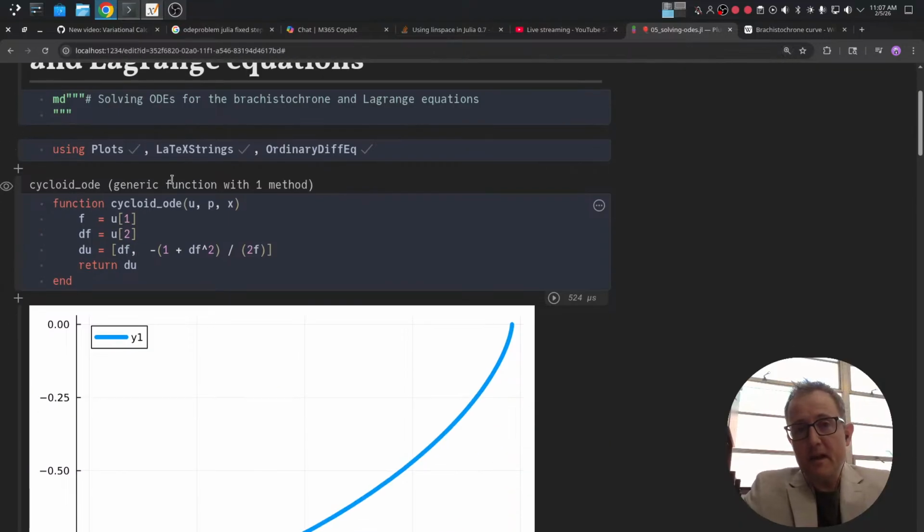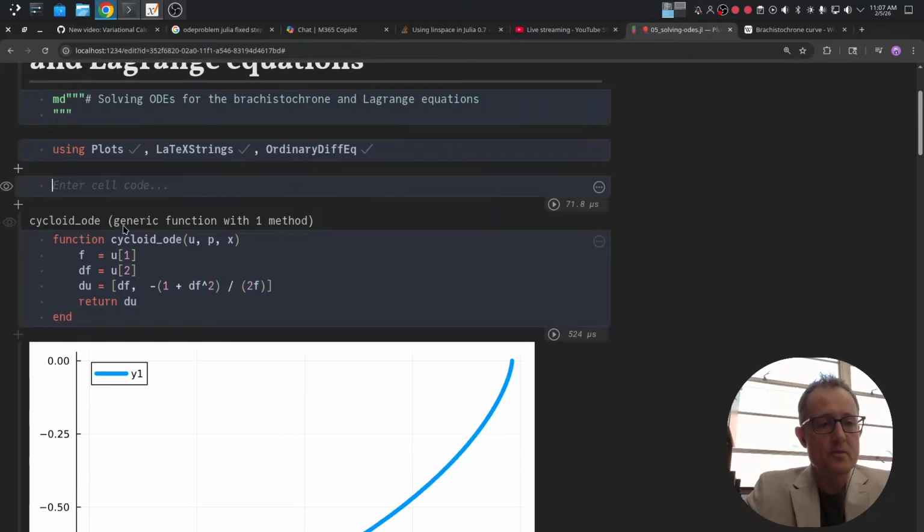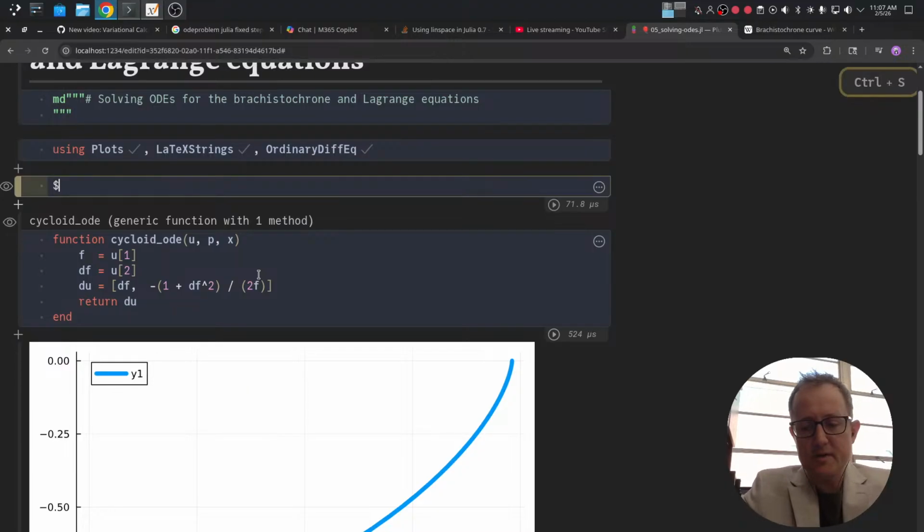The main thing that I wanted to show last time was, if you know what the differential equation is, let's put it in here. My differential equation is f double prime equals (1 plus f prime squared) over 2f.